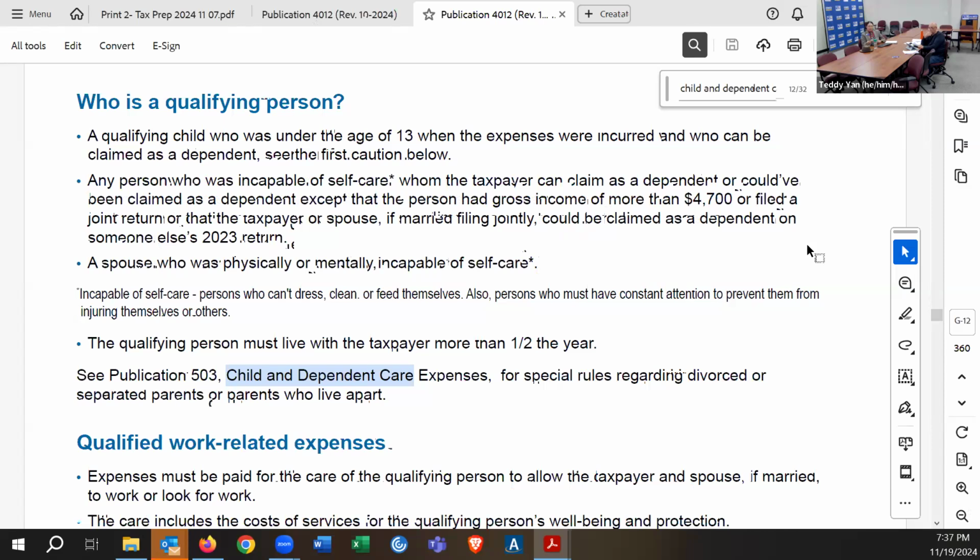Does Daria qualify? So Daria was born May 30th, 2009. Daria is 14 in 2023.